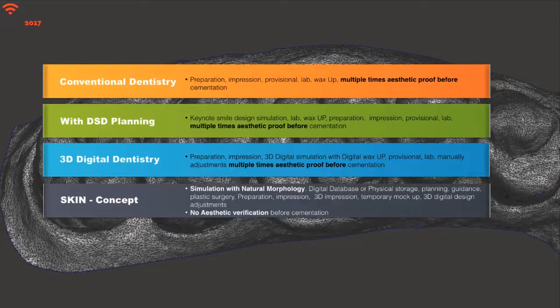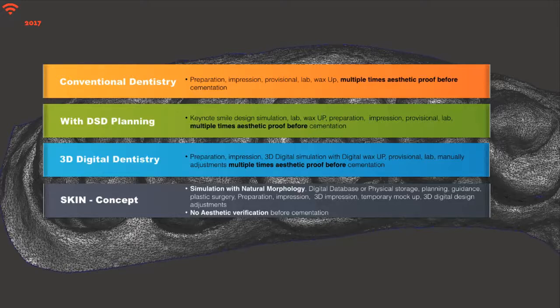The skin concept is different because it reduces many of these clinical and laboratory steps. In other words, there won't be a lot of back and forth between lab technician and dentist to create a personalized and natural smile for your patient.